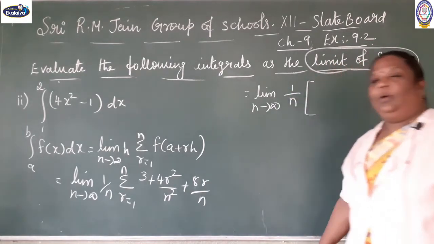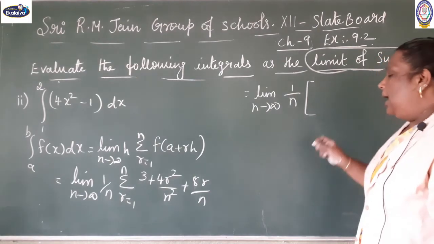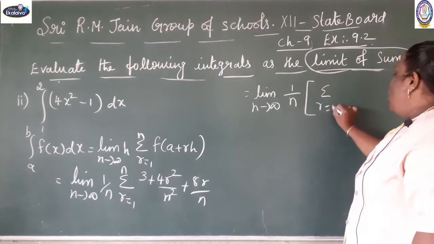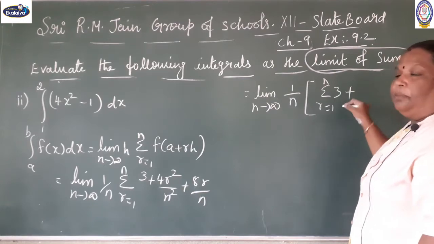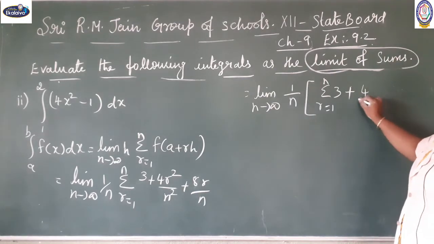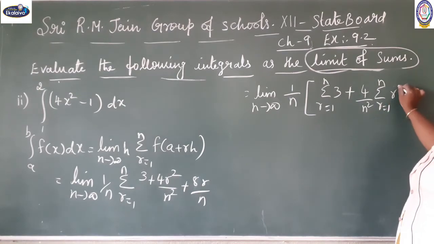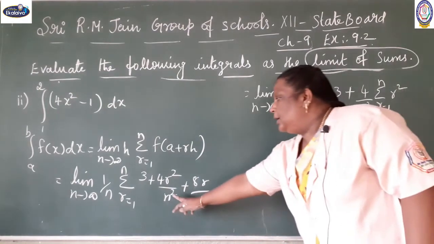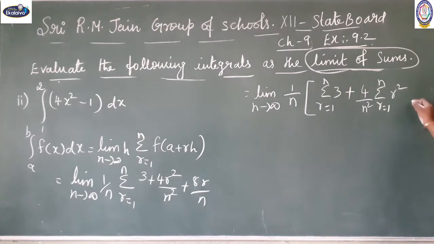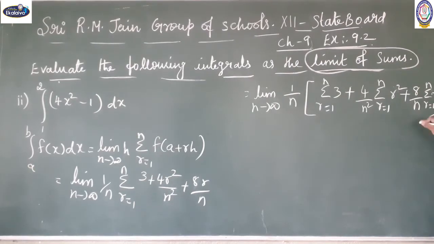1 by n into sigma r equal to 1 to n, 3 plus 4 by n square into sigma r equal to 1 to n r square, plus 8 by n into sigma r equal to 1 to n r.